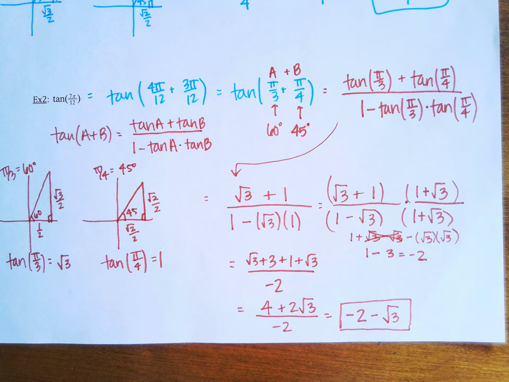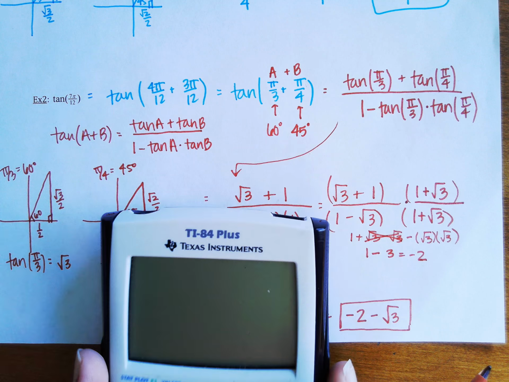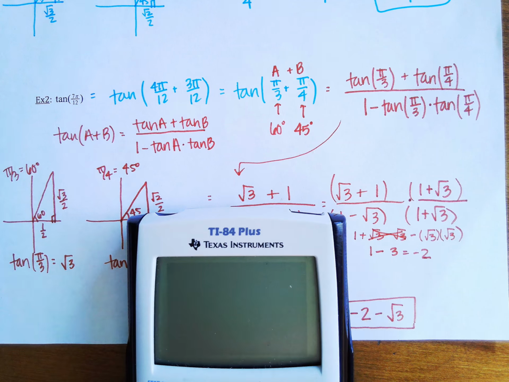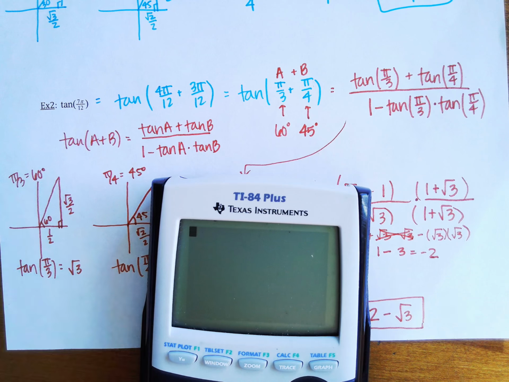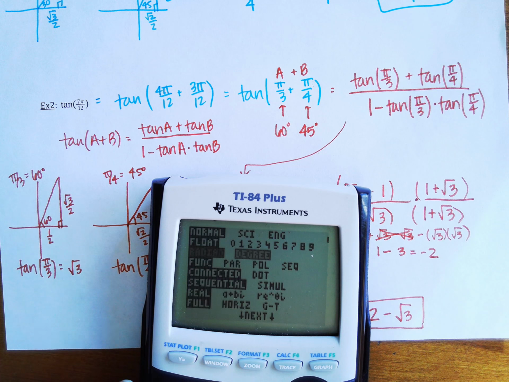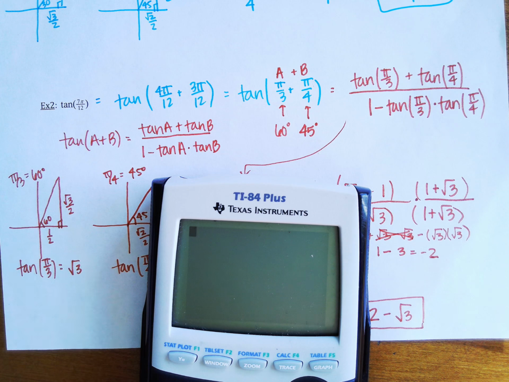Now, we've been looking at approximations and seeing how good our exact answers are and making sure that we did something right, which is kind of the cool thing about this chapter, that most of the time you can see if you did it right. We are looking for 7 pi over 12, which is in radian mode. So I'm going to go back to my calculator and change to radian mode.